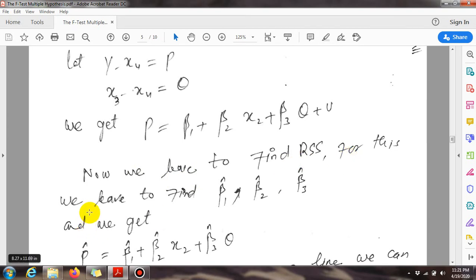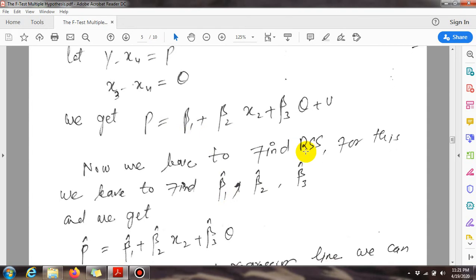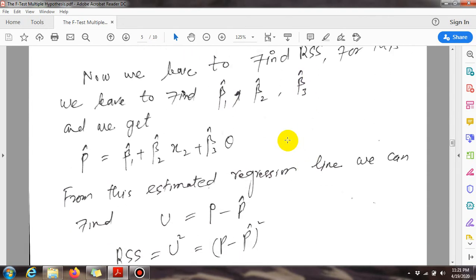This is our restricted regression line, and from it we have to estimate beta 1 hat, beta 2 hat, and beta 3 hat. After finding the estimated betas, we get p hat is equal to beta 1 hat plus beta 2 hat x2 plus beta 3 hat q.